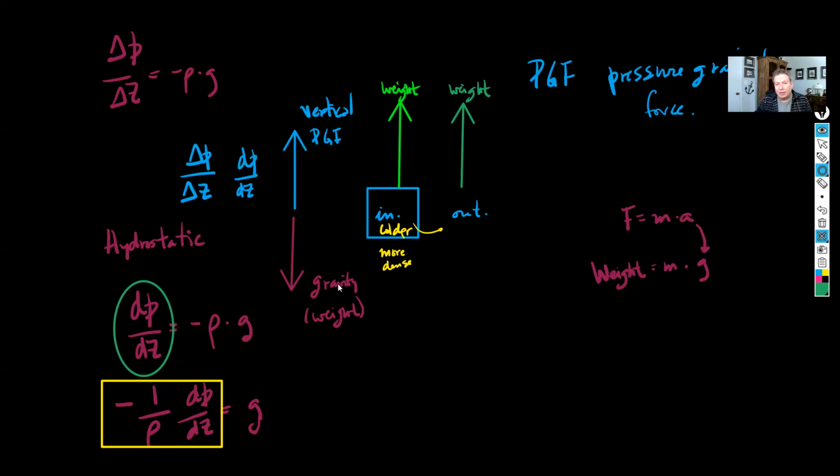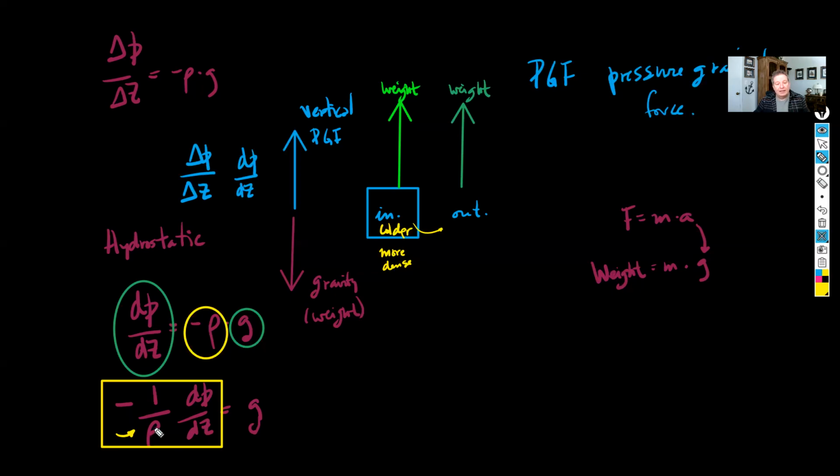We know there's gravity pulling down, and gravity is the same. So the only thing that can be different is the density. The density is the only thing in and out that is different. Since we said the box is more dense, what that means is that this number becomes bigger.